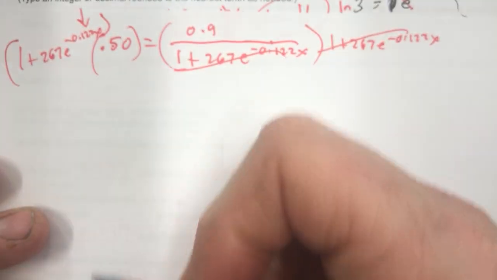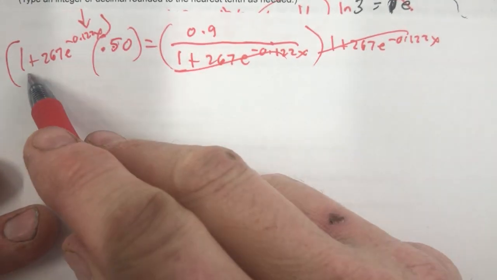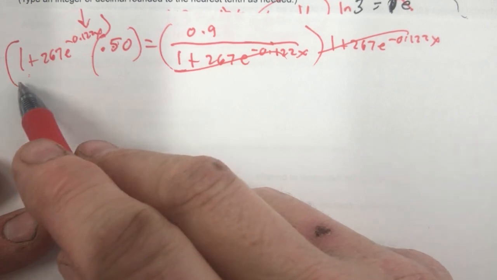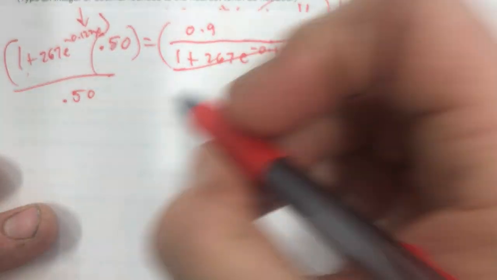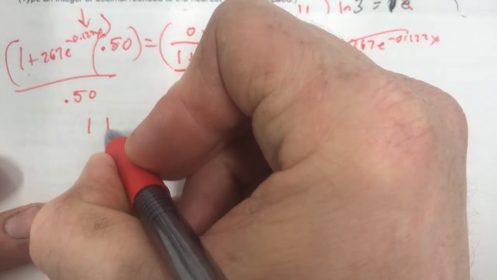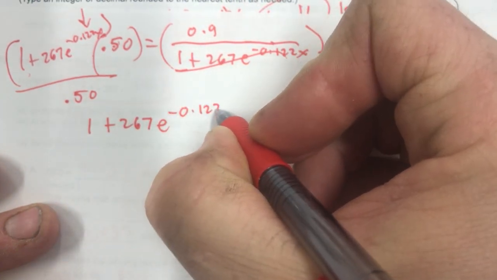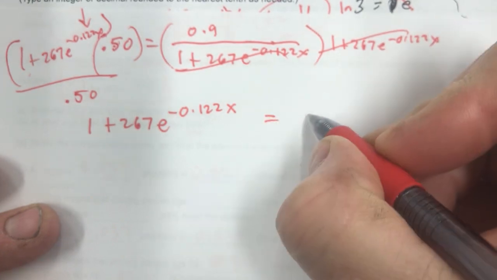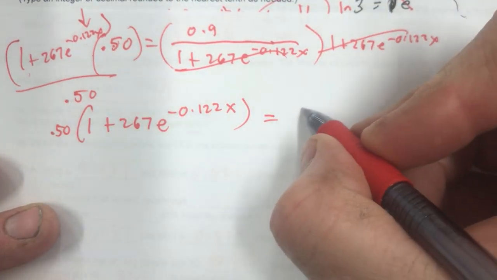Now I can distribute that, but with this having the exponent, I could probably make a mistake. So I think what I'm going to do is divide by 0.50. And let me write it out again here. 1 plus 267e negative 0.122x equals 0.9 over 0.50, equals 0.9.